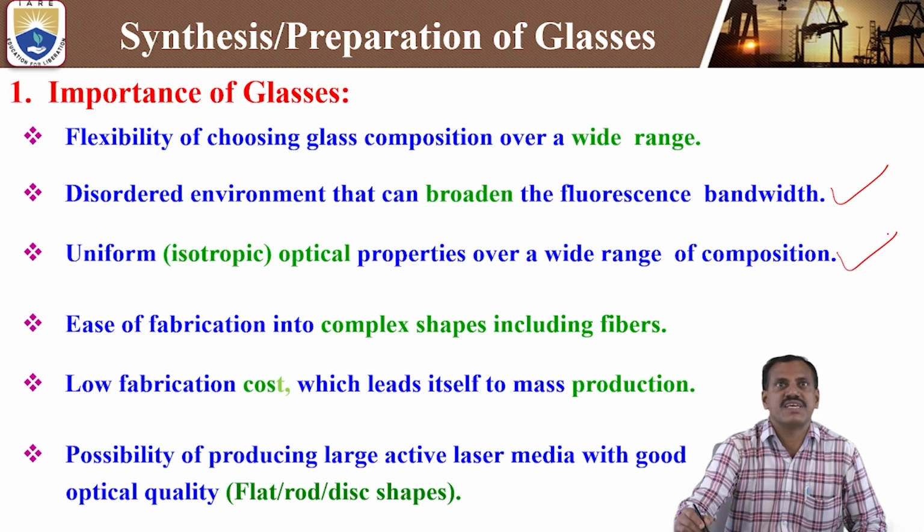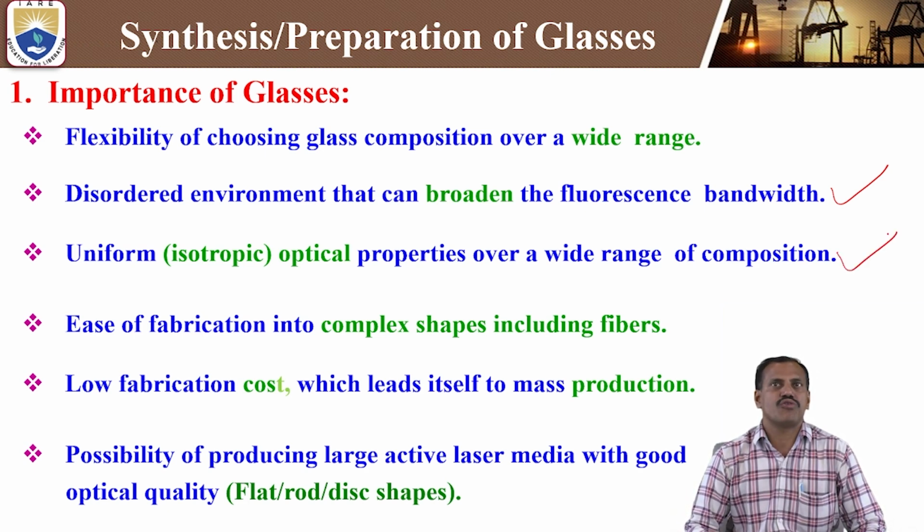Third is uniform, isotropic optical properties over a wide range of composition. We can tune the optical properties in a uniform, isotropic way by choosing the chemical compositions.